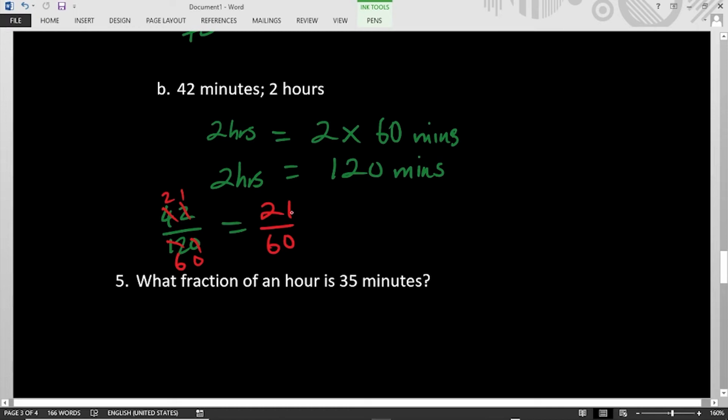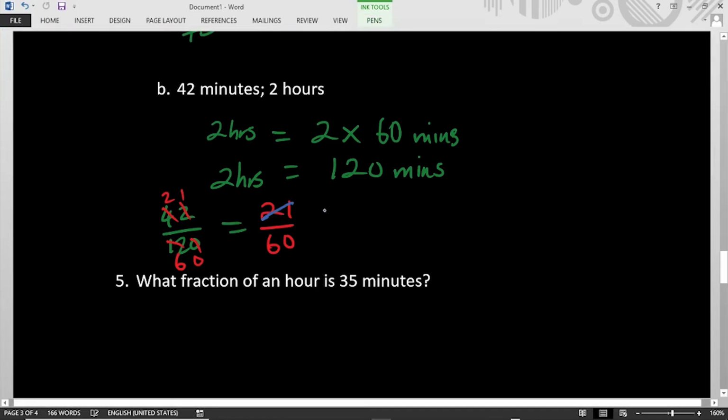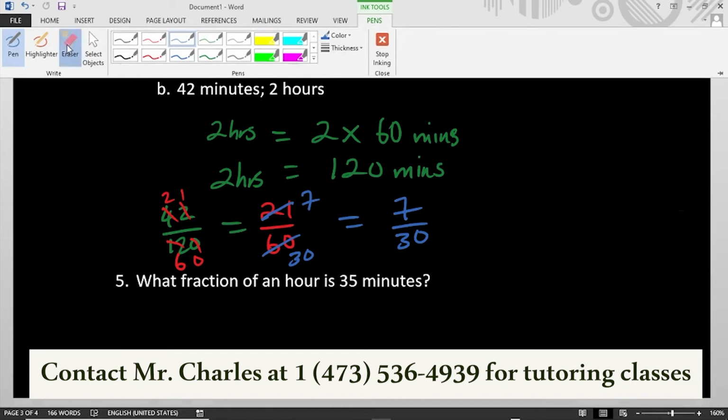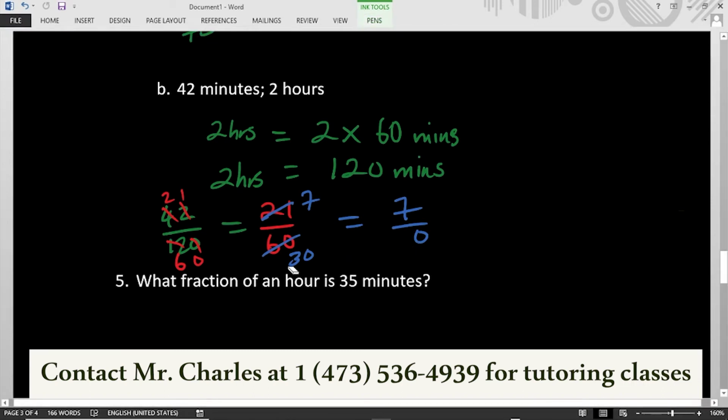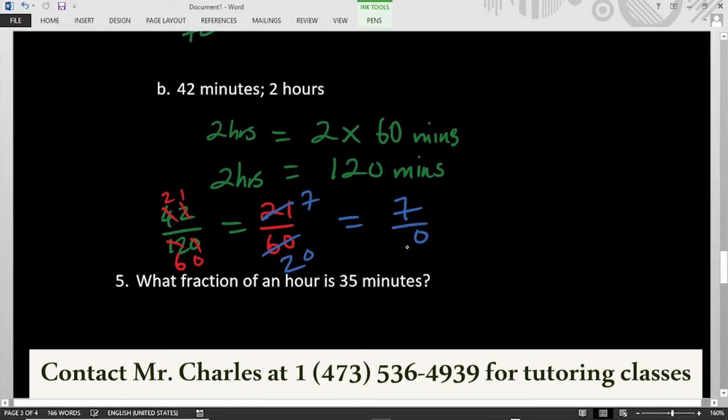We can reduce by 3. 3 into 21 is 7, and 3 into 60 is 30. So we get 7 over 30. Sorry, 3 into 60 is 20, not 30. Make that correction there. 3 into 60 is 20. So we get 7 over 20 as our answer.